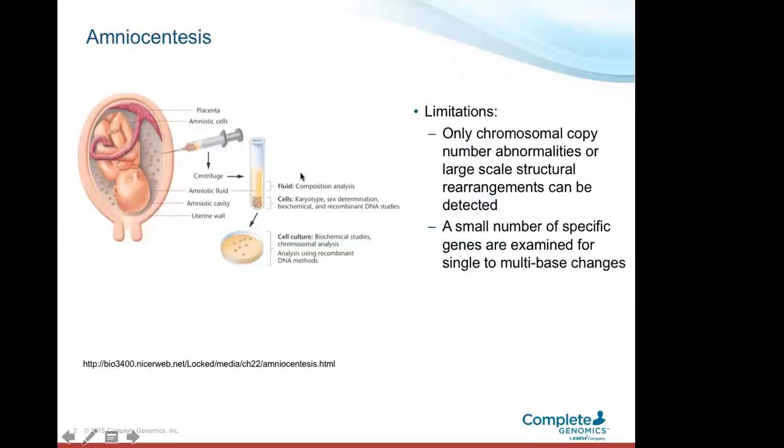Amniocentesis is a common procedure conducted on pregnant women, usually for cases where a higher risk of pregnancy complication is suggested, or an abnormal non-invasive prenatal test result is found.